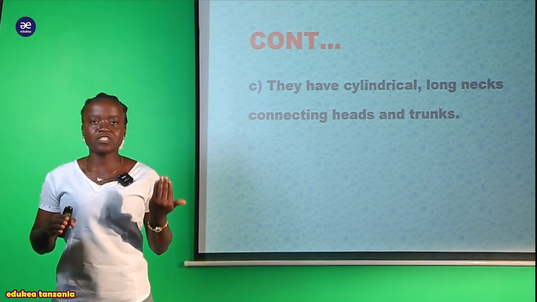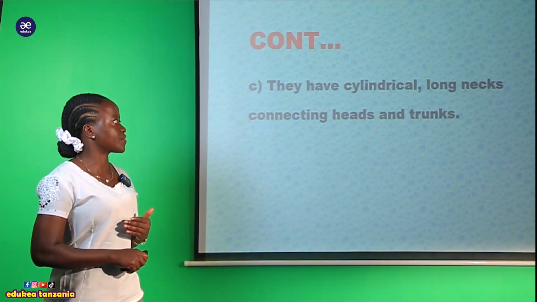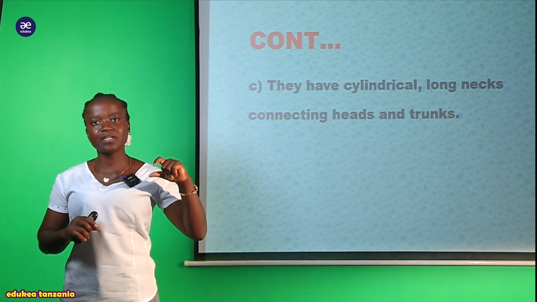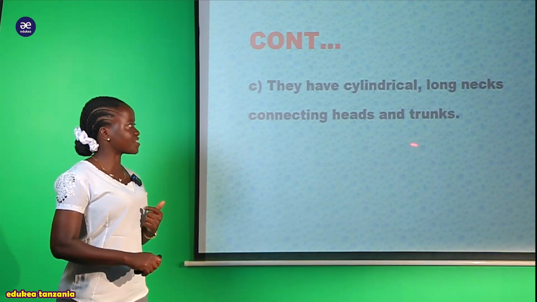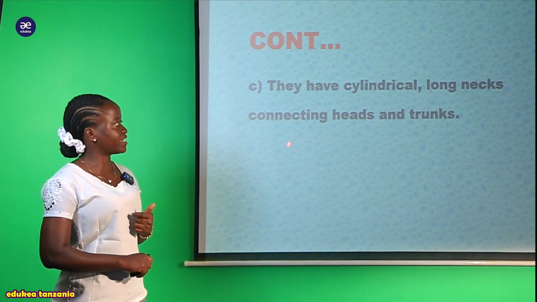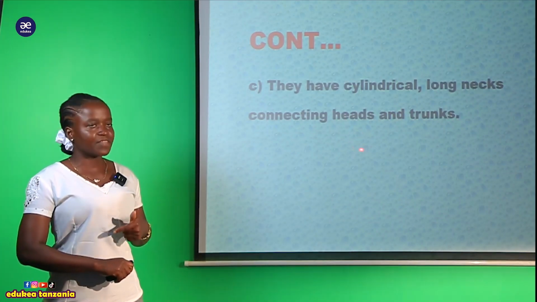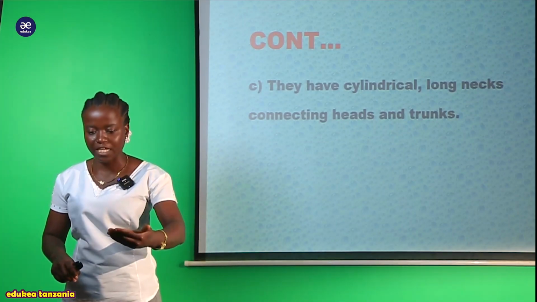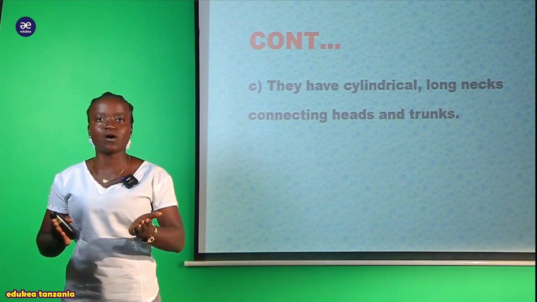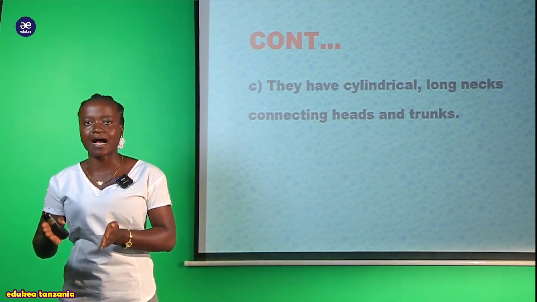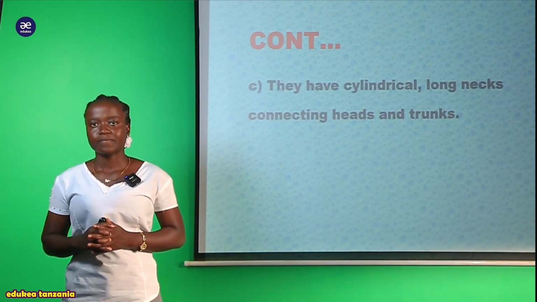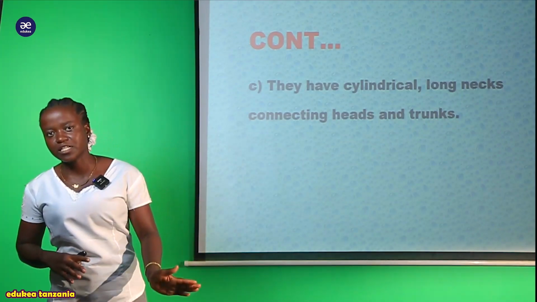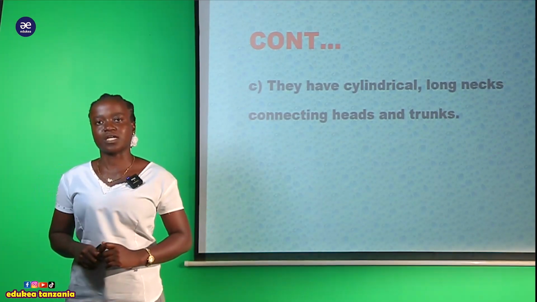And their neck is also long. Shingo yao inakuwa ni ndefu. And this neck connects the head and the trunk. So this neck is where the head and the trunk are connected. This is the distinctive feature which is found only in the class Aves.